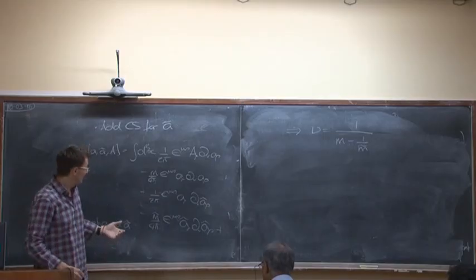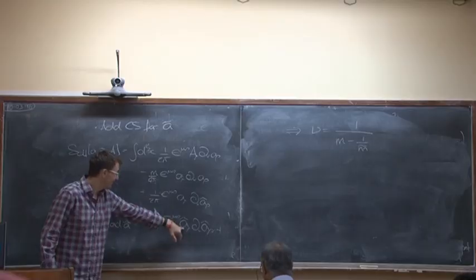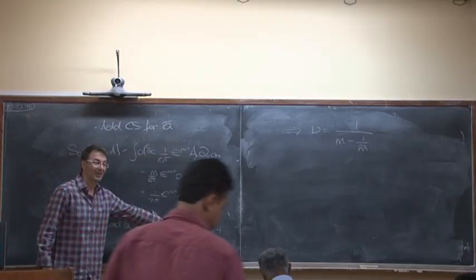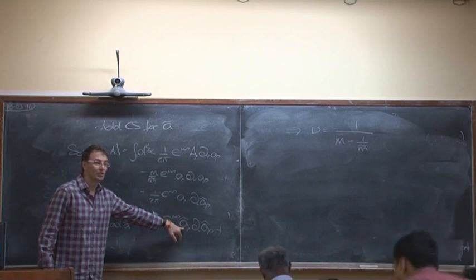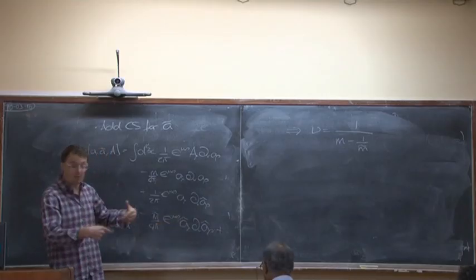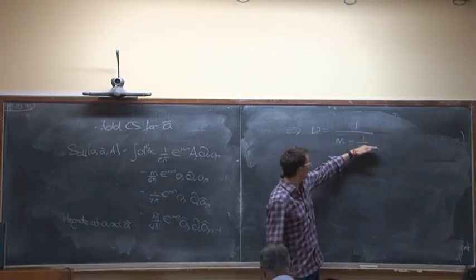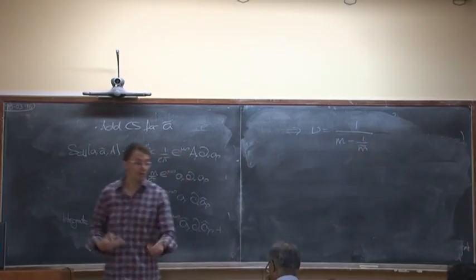And obviously you could keep going, right? You could add a third emergent gauge field, which is related to the current that couples to little a tilde. And if you keep going, you get these continued fractions that appear here, which was exactly the same thing that we saw before.